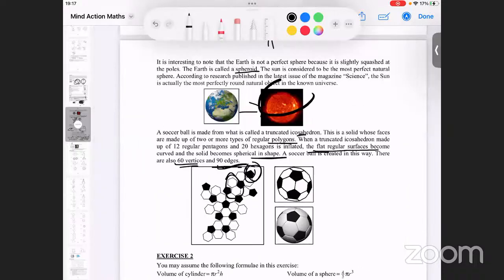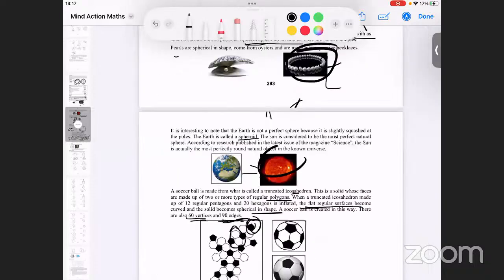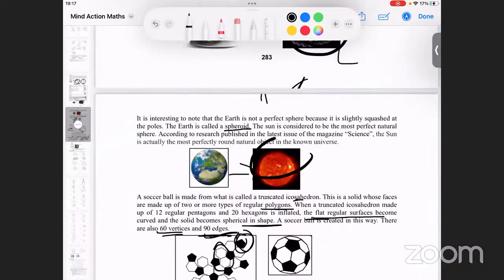And let's see where that information is. Yes, it's this one.